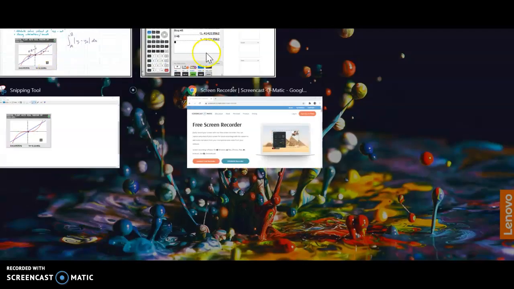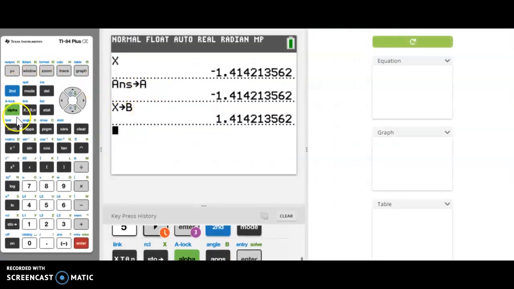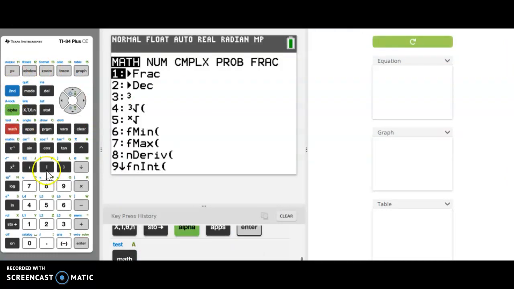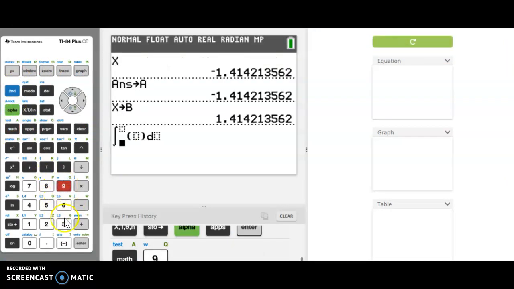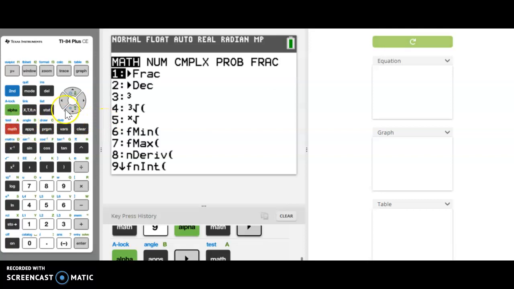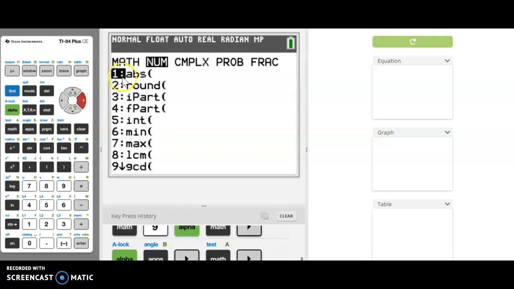And I am going to use my Math 9. My starting value is alpha A, my ending value is alpha B, and then I want to pull up the absolute value. That is in Math over in Num, and it's the first option, ABS.